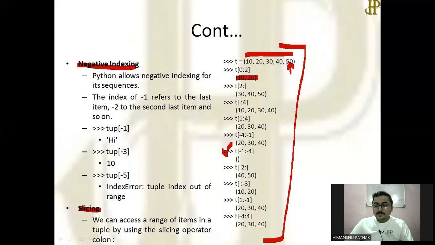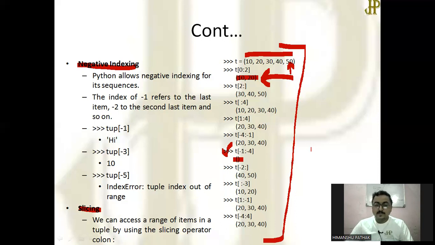Minus 1, minus 2, minus 3, minus 4. So I want to access like this. And in Python, traversing from right to left is not possible. That's why you can see that an empty tuple is fetched. Okay, this thing is to be remembered.